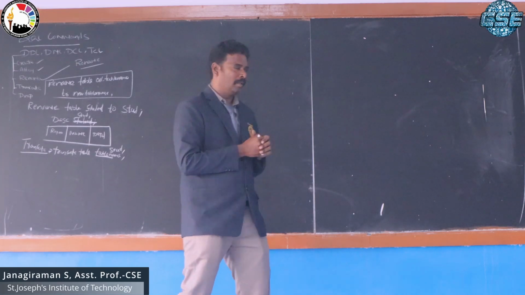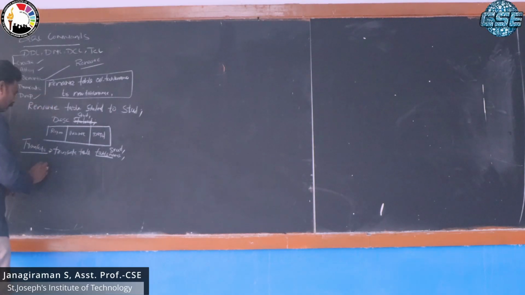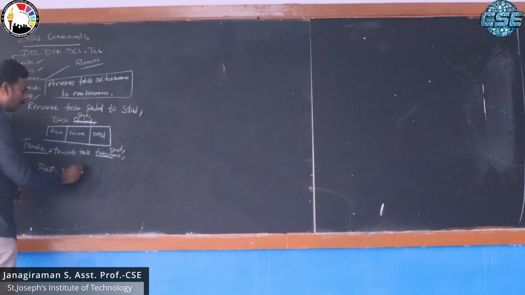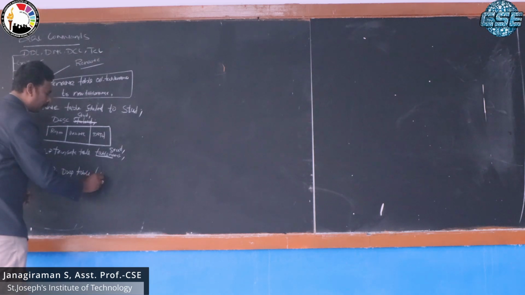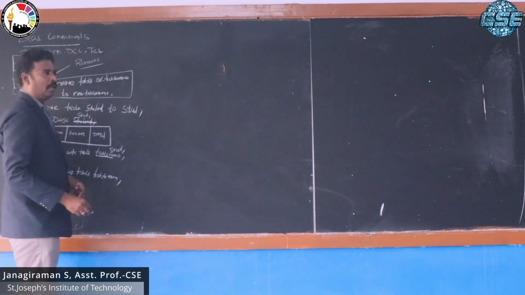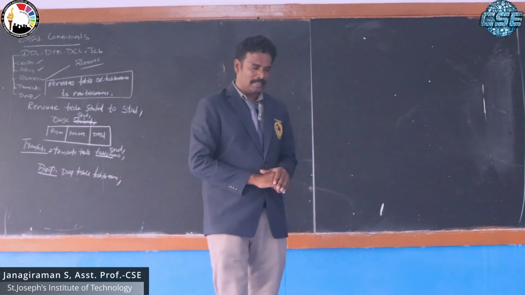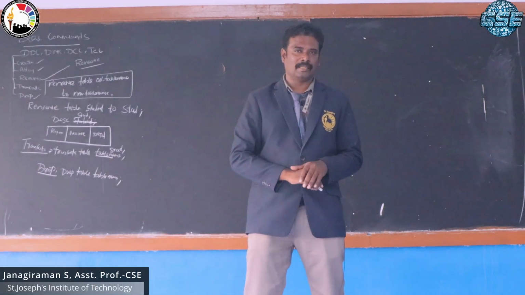Then the next command is called the drop command. The syntax for drop is: drop table, table name. This drop command drops the entire table. It doesn't care whether the values have been inserted or not.